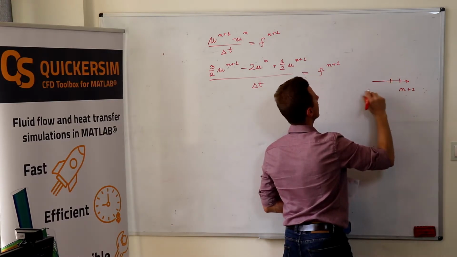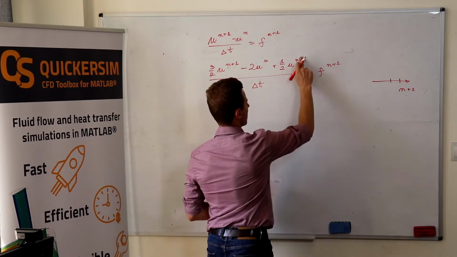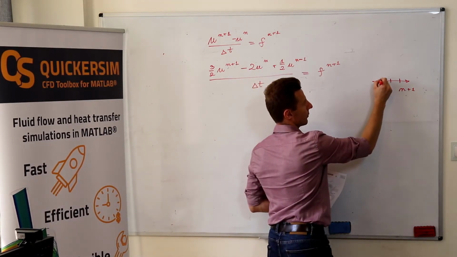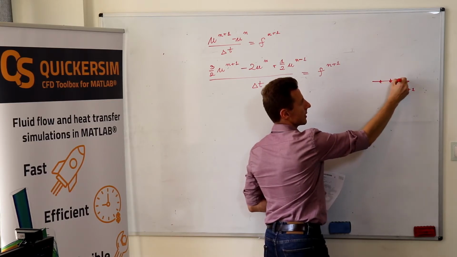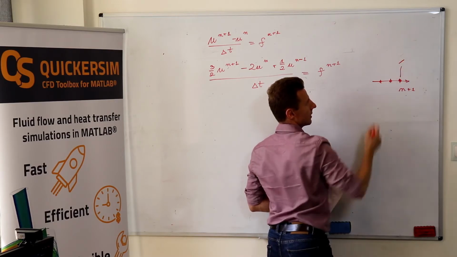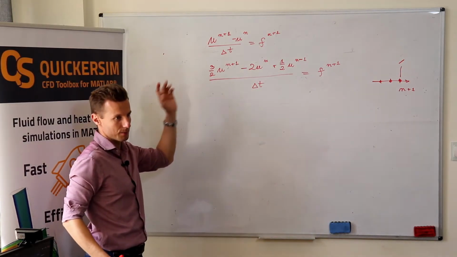Shouldn't there be one n minus 1? Should be, sorry, n minus 1. If you write such a stencil and you want to calculate the first derivative at this point, you will come up with such a stencil.